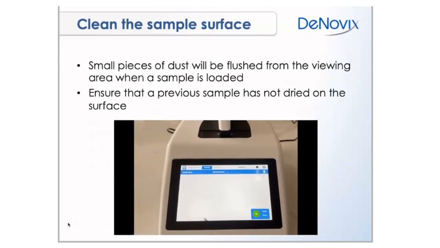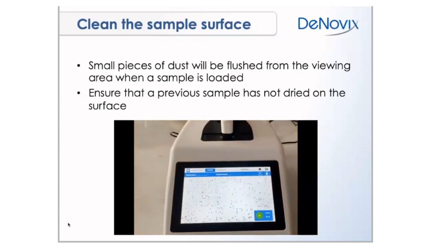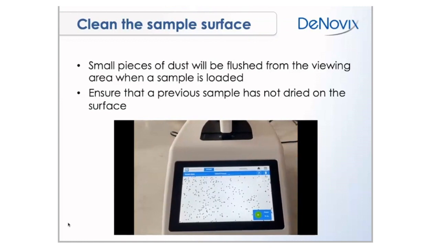You can see the particle in the lower left, the bit of dust, that as you load cells, just gets flushed off the surfaces. This is true in most cases, unless you're talking about something that has dried onto the sample surfaces. So if somebody left a previous sample on there, it got dried on, then you do need to do some additional cleaning.